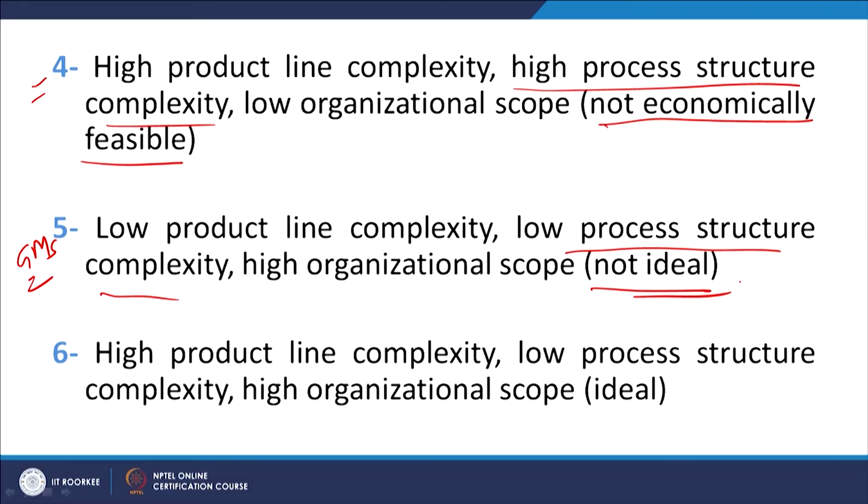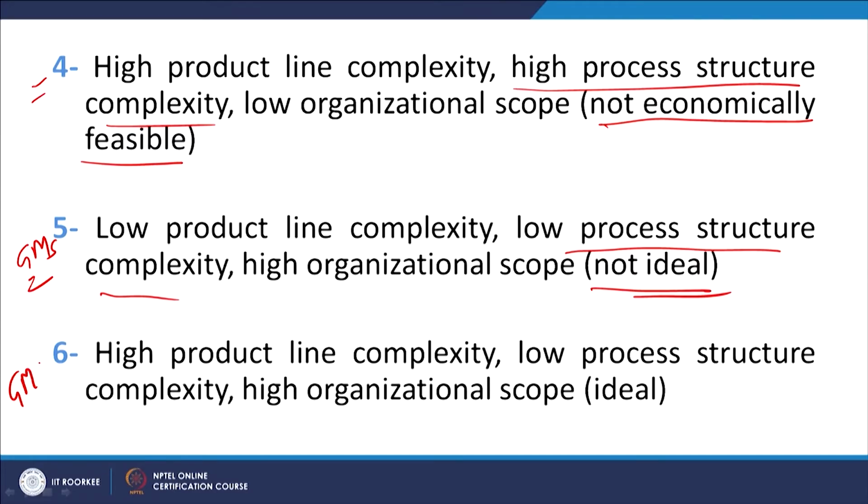But you want to have high organizational scope, you want to be in many markets, or you want to integrate your suppliers or your customers, distributors on the other side. So, this is not an ideal choice for your organization, because you will not be able to reap any benefit out of it. So, that is not to be discussed much because of the non-idealness of this kind of generic manufacturing strategy.